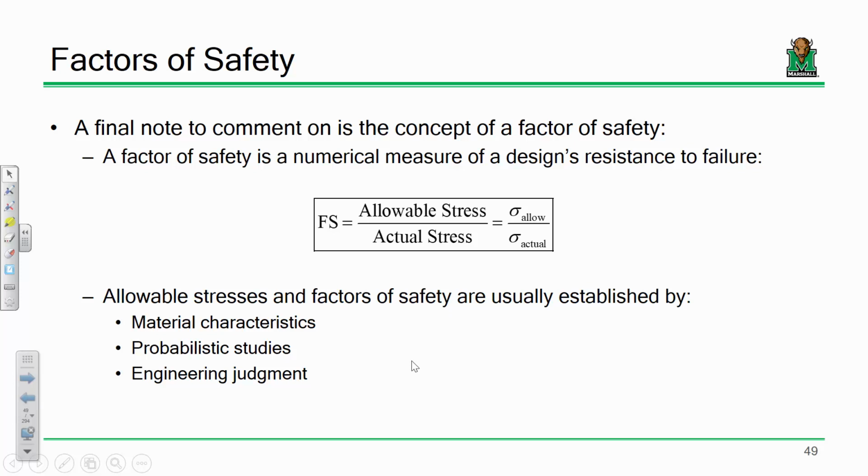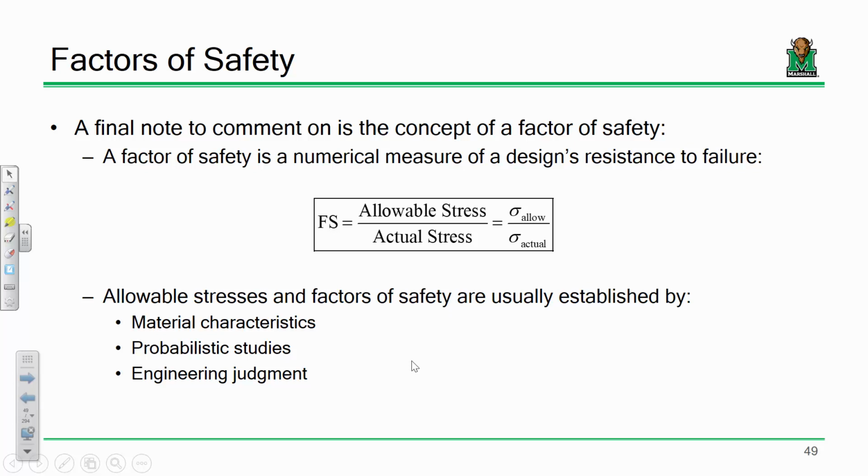So let's say it yields at 36 KSI. Maybe as the engineer, what I'll say is, no. I'm not going to use 36 KSI as the limit. I'm going to use 18 KSI as the limit. And in that scenario, what I've done is I've used a factor of safety of 2. I'm basically cutting down my limiting stress a little bit to add some safety.